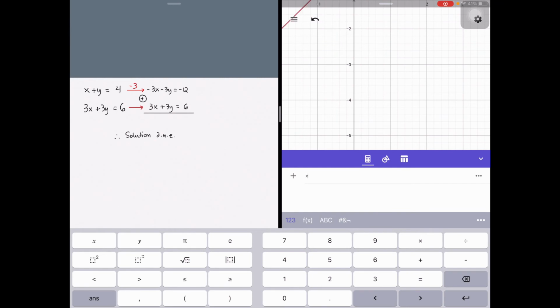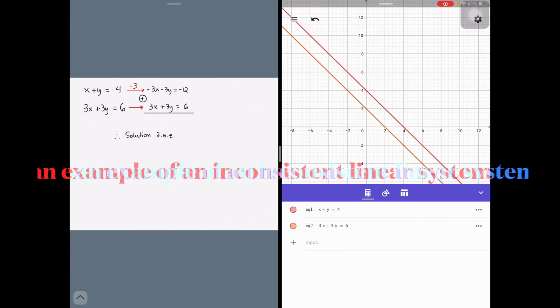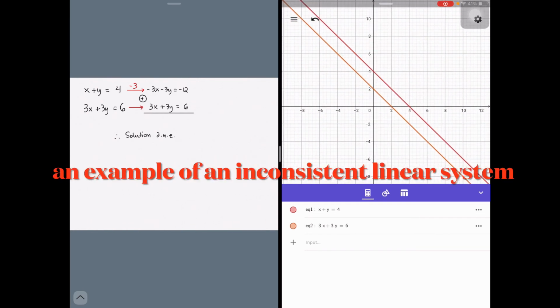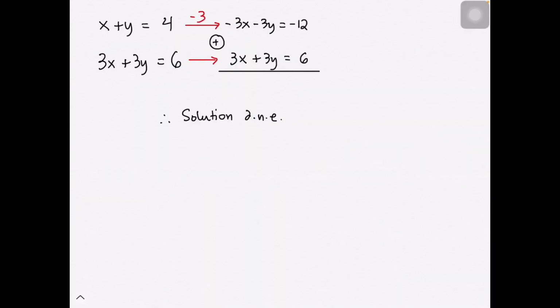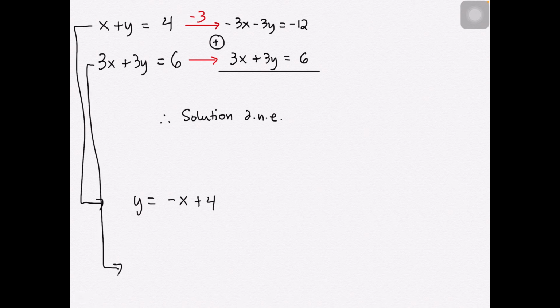Graphically, when we say solution does not exist, it means that there's no intersection for all of the equations in the linear system. Just like in this example, these lines are not intersecting. Another conclusion that we can make for an inconsistent linear system is that they both have the same slope that makes them not intersecting.